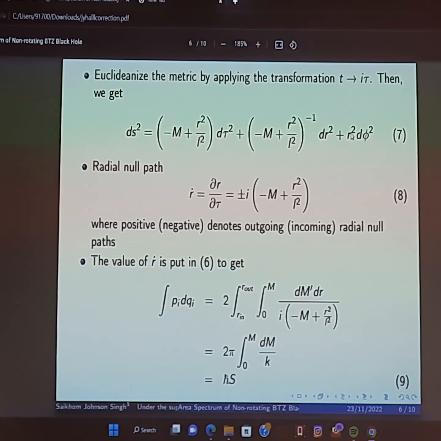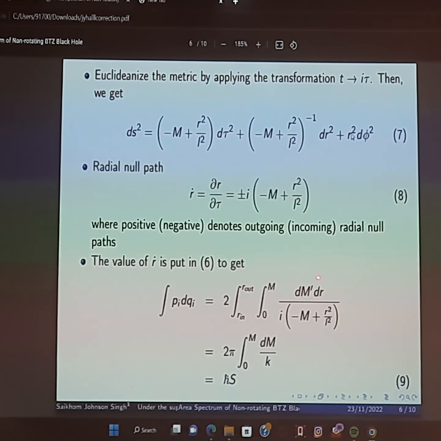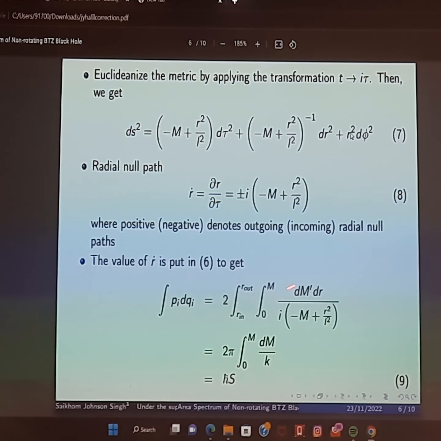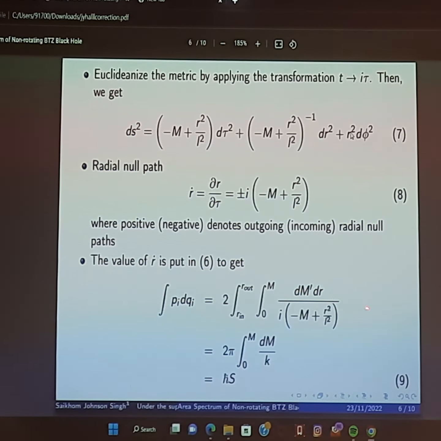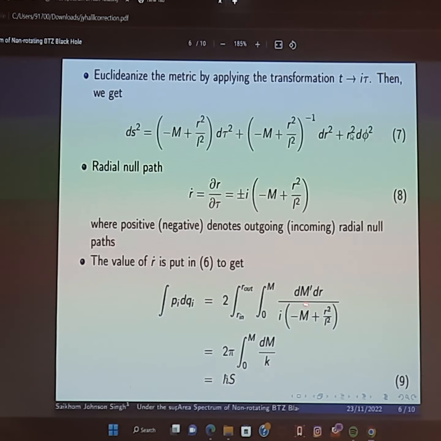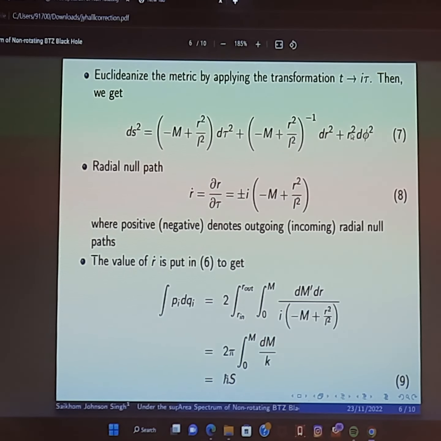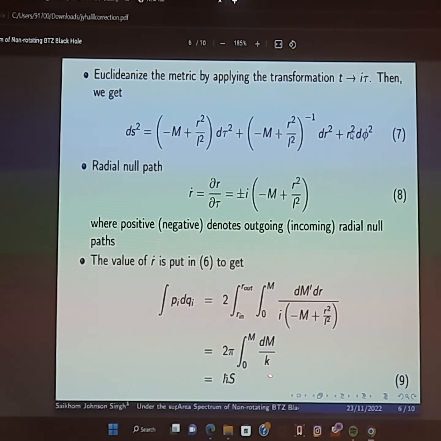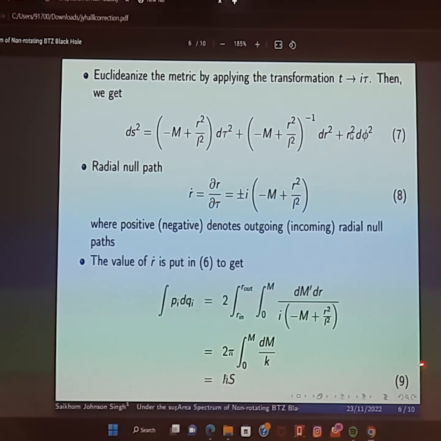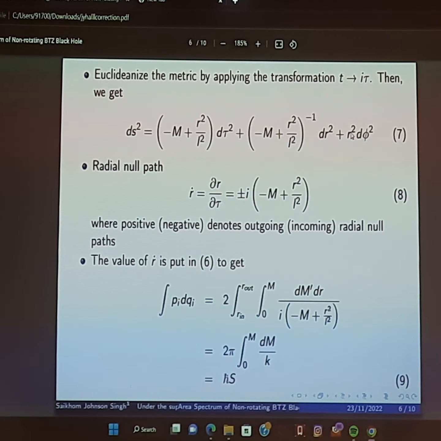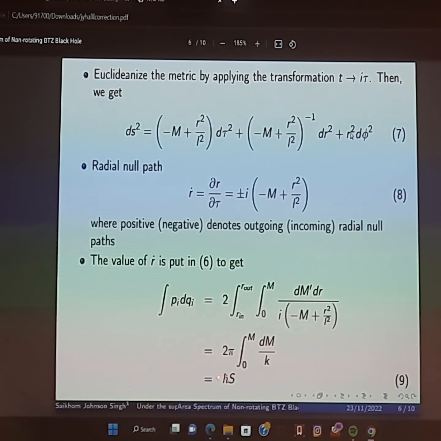and we find this expression, and we perform the integration with respect to r by using contour integration. After doing the contour integration, we get this expression, and the value of the surface gravity kappa is put here. Here we use the first law of black hole thermodynamics, and finally we get this result.